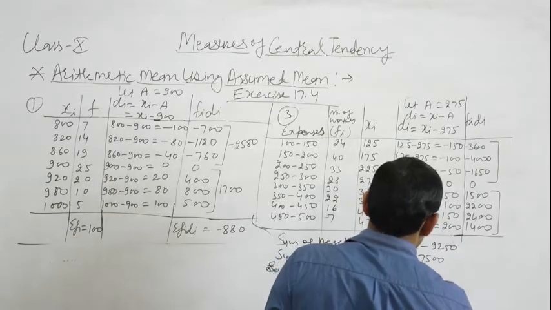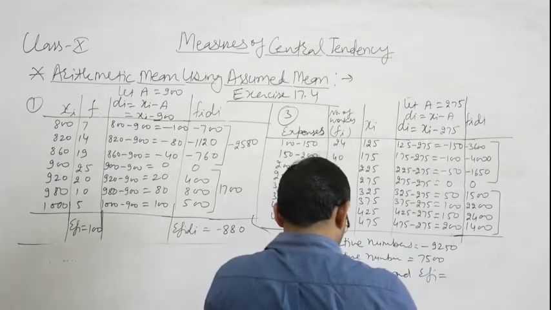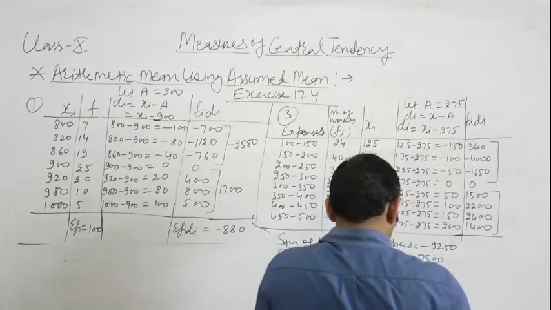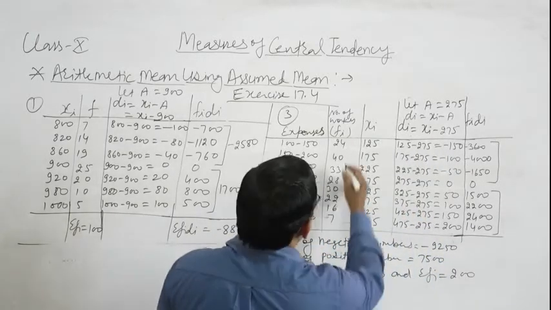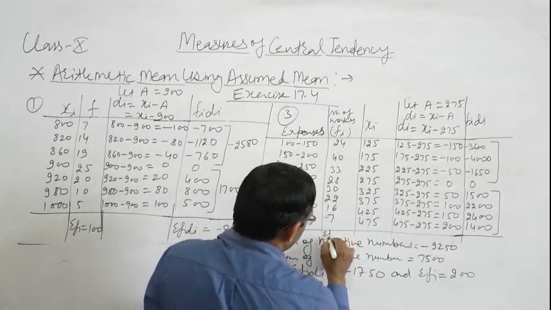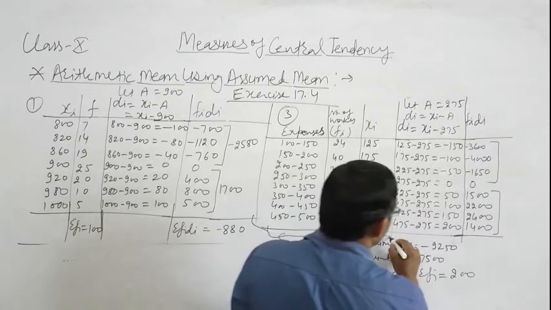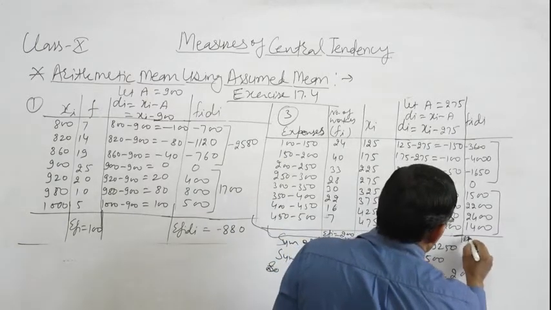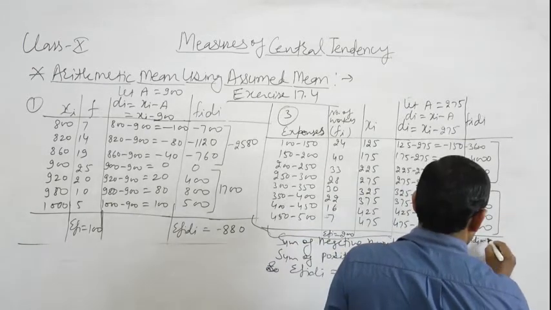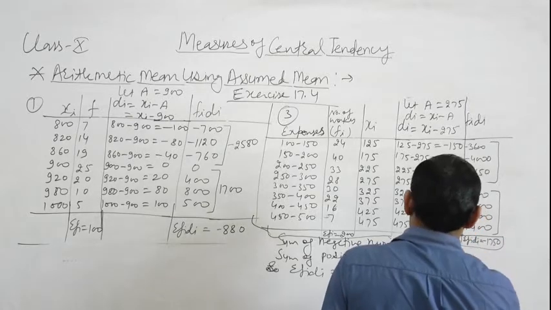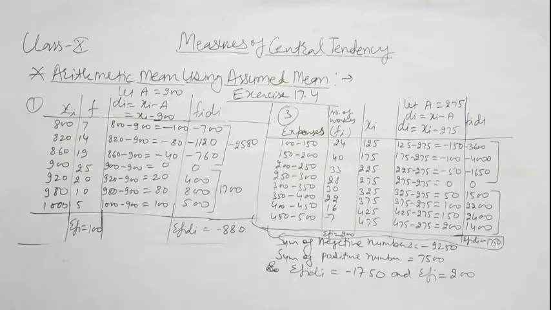And sigma fi, the sum of all frequencies, is 200. Sum of all frequencies means sigma fi is 200, and sigma fi di is minus 1750.